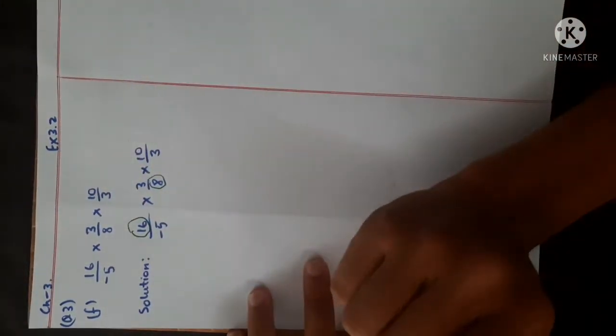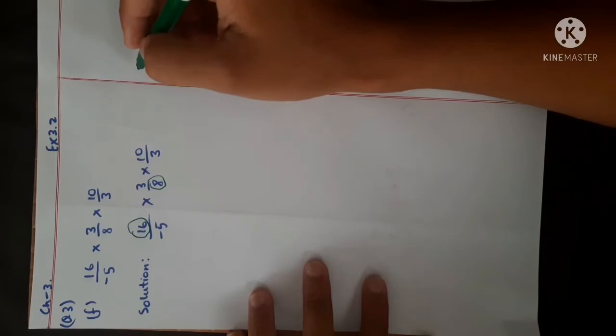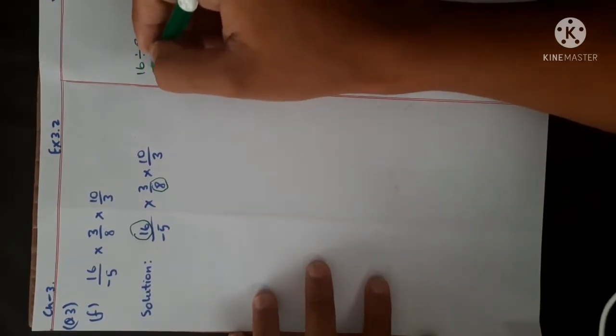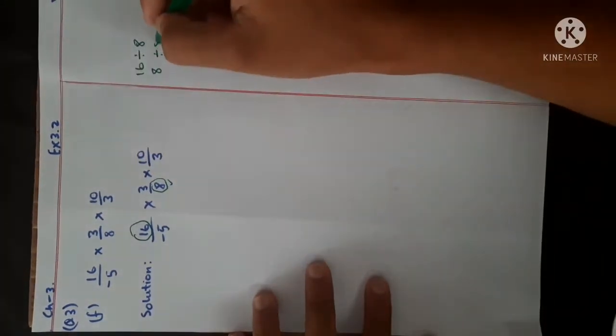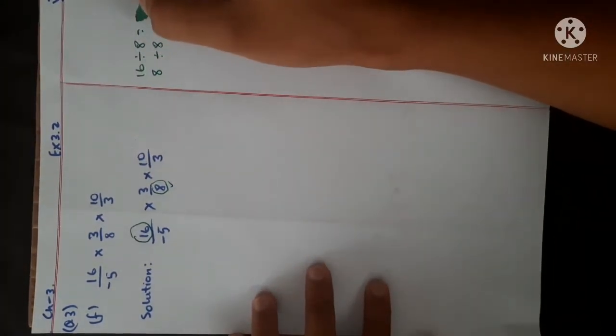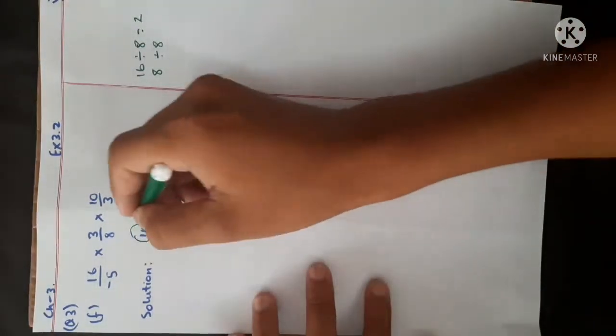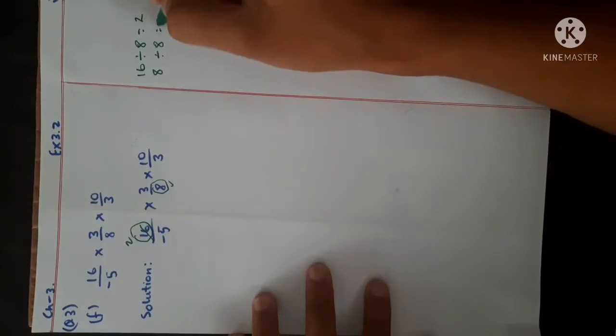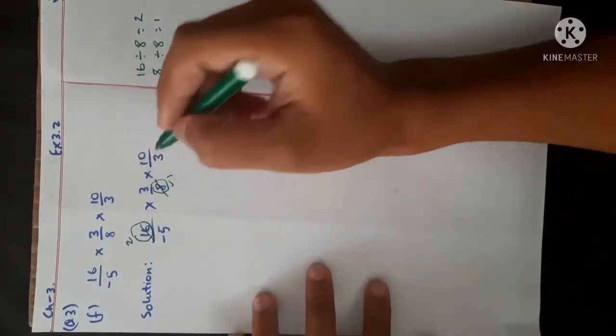That common divisor is 8. So we divide 16 by 8 and also 8 by 8. 16 divide 8 equals 2, and 8 divide 8 you will get 1.